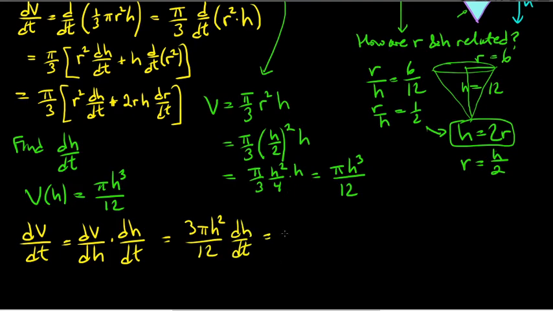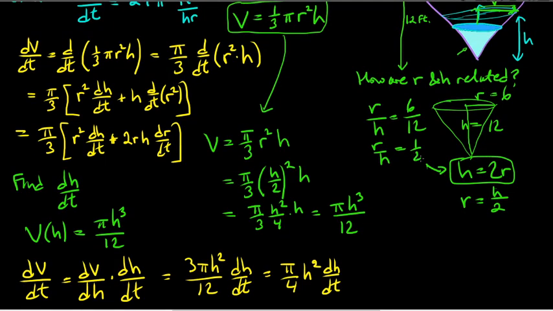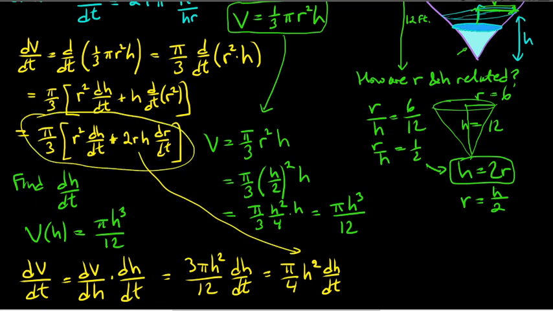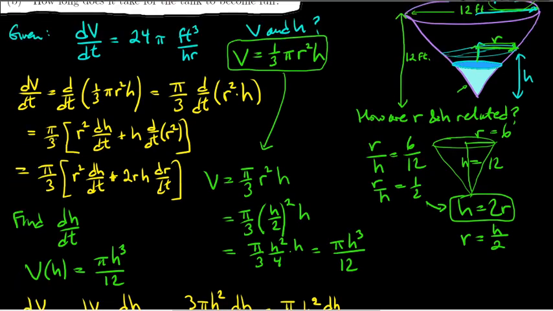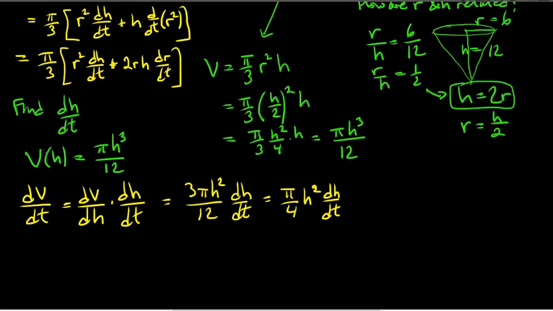And 3 over 12 is just 1 over 4, so this is pi over 4 times h squared times the derivative of h. So that's what you would get eventually if you made that substitution here, of course. Eventually you would get this from all this mess up here. Okay, so a little trick here: once you get the relationship between r and h, then you get the relationship between v and h without having that pesky r, the radius, anywhere here.